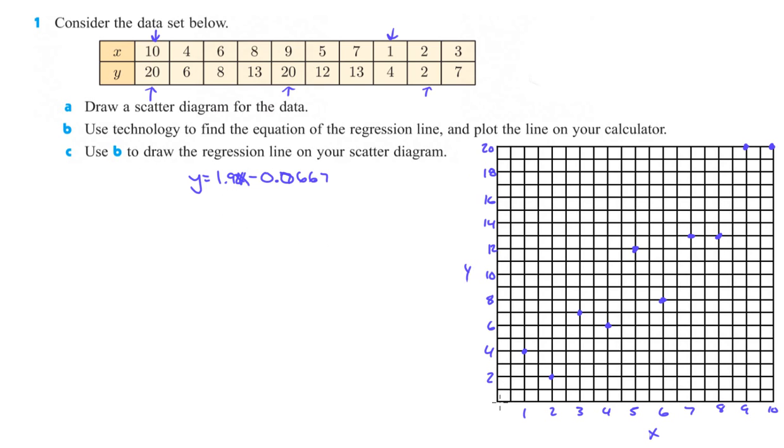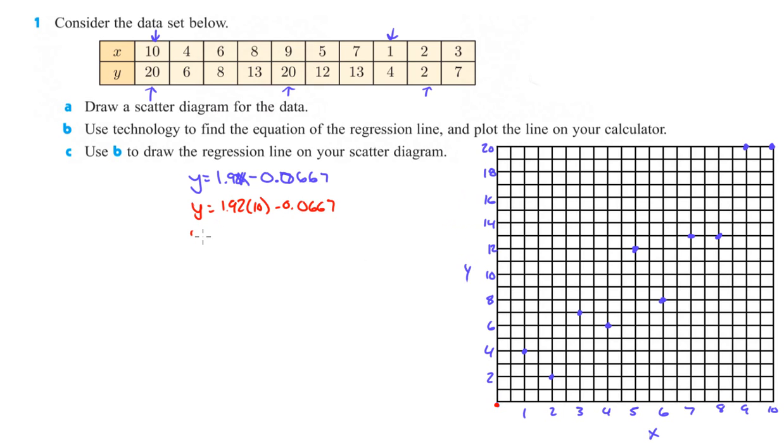So negative 0.06 is going to be really close to 0, right about, say, there, right? And then what you could probably do with this, if you want to really get a good line in there, let's change our colors here just so we know what we're doing. So there's our negative 0.06. And then what I could do is plug in 10 for X. So we get Y equals 1.92 times 10 minus 0.0667.